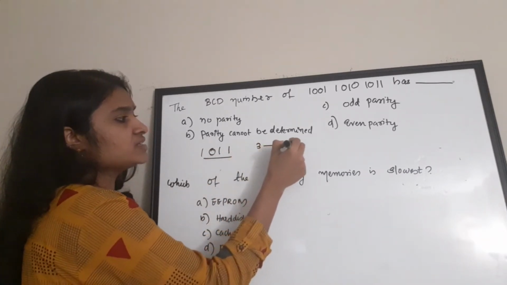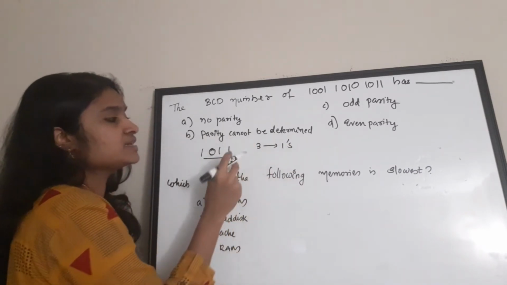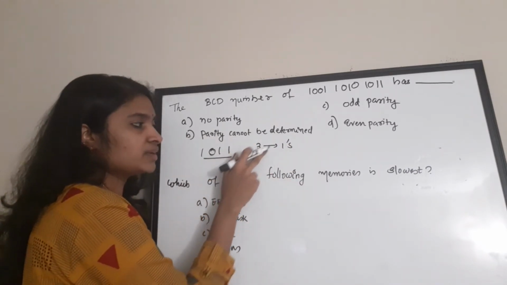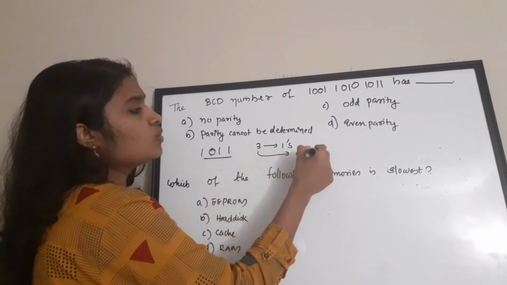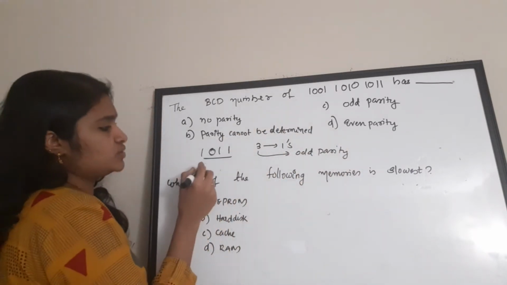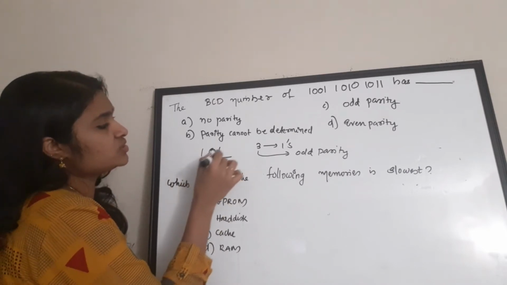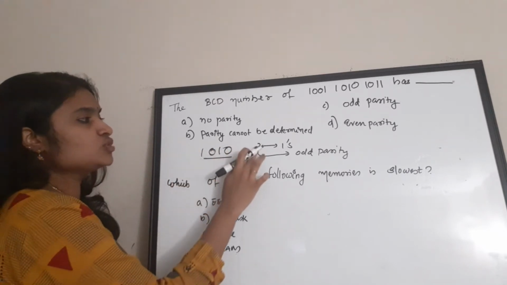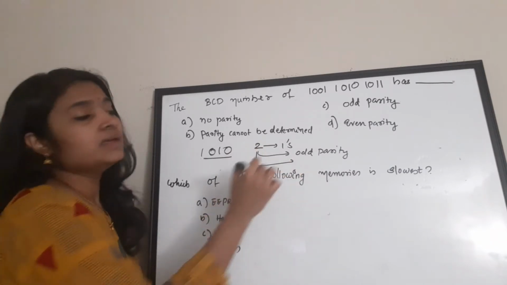There are 3 ones present in this number. So this number is having 3 ones, and since 3 is an odd number, we say that it is having odd parity. Also, if the number is, say, 1010, then it is having 2 ones. So it is having even parity.